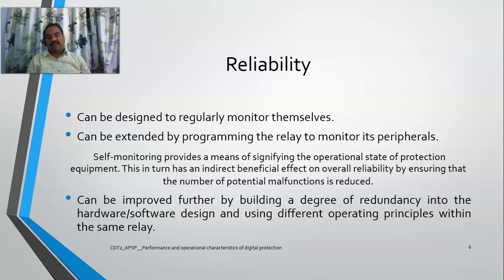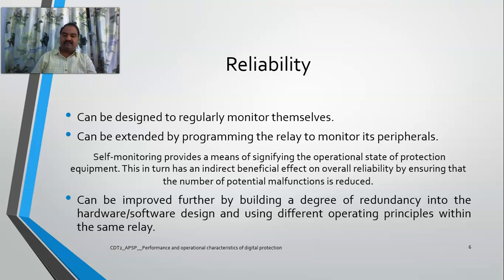See, the biggest advantage of digital relays is that they can monitor themselves. Let's take a quick example of a microprocessor relay, or an advanced microprocessor relay, what we call a PC-based relay. Any analog data which you are measuring in your power system can be transformed into digital data and sent over distance to your processing device.